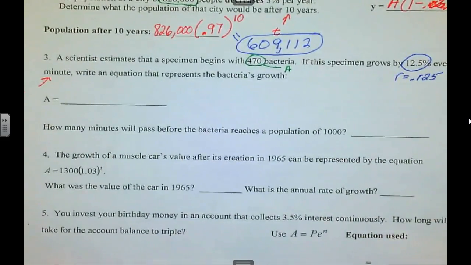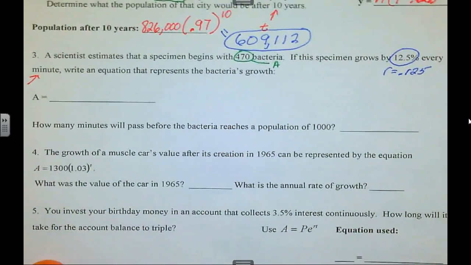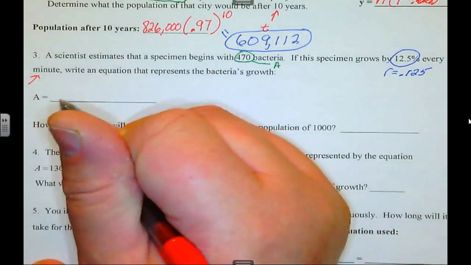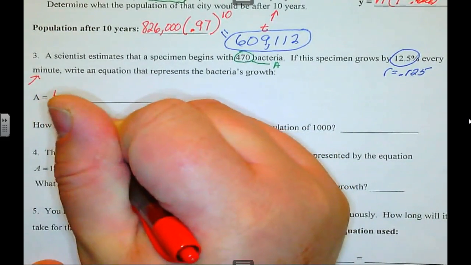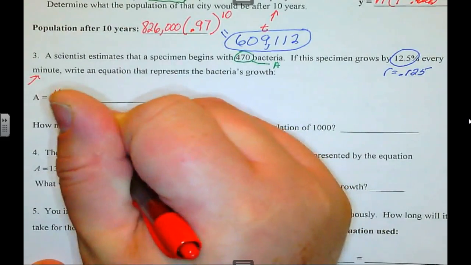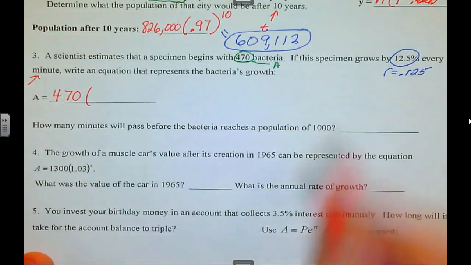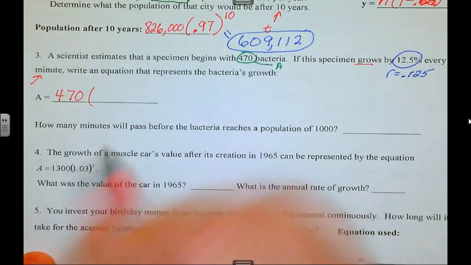This time it's in minutes. So what's the formula? $470 times 1. It grows, so I'm going to use plus.